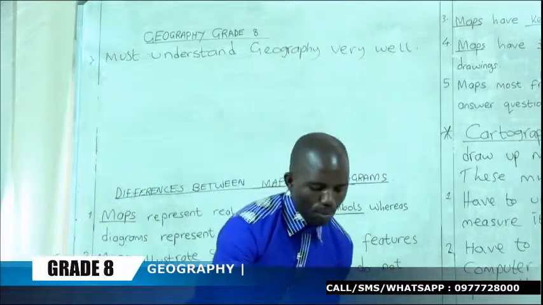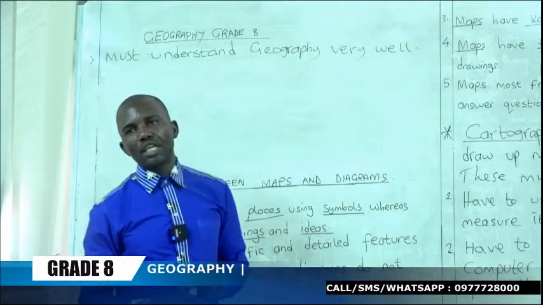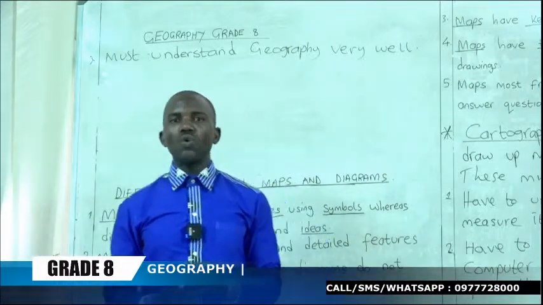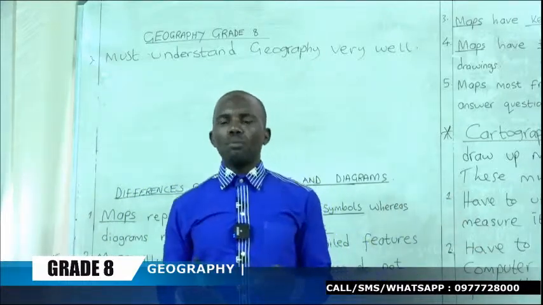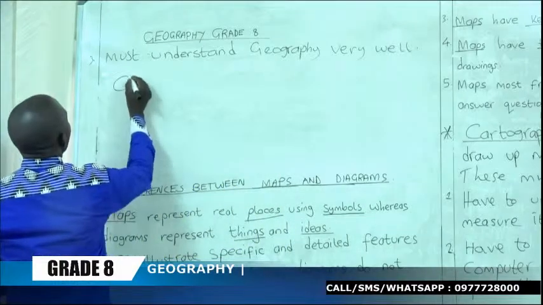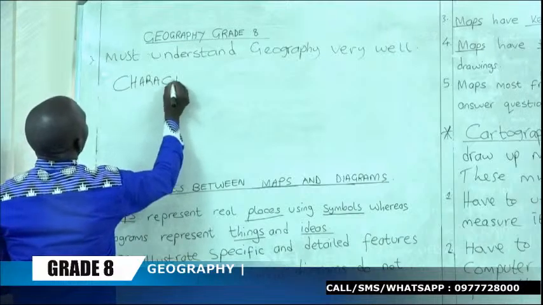Away from these points, we now go to the last objective of today's lesson. We need to also look at the characteristics of a good map, just like I said earlier.